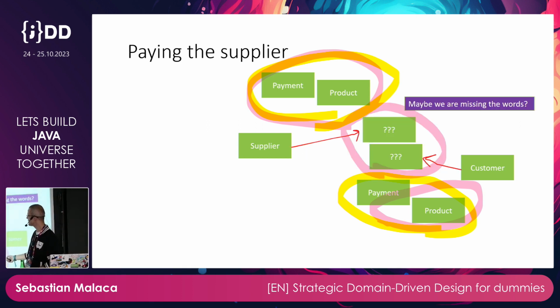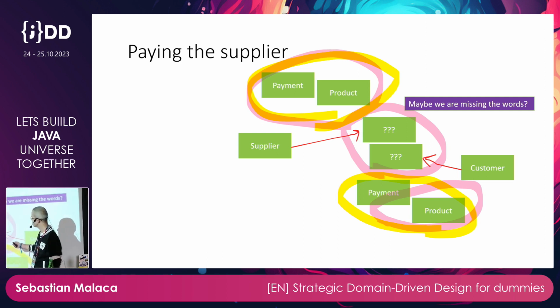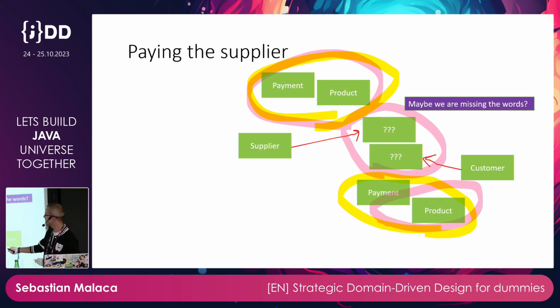So we are missing some part, because sometimes when the customer is paying us, the customer is in this role, and we are in here. And when we are paying the supplier, the supplier is in that role, and we are in the role of customer. So we are missing words that will be consistent with those two additional concepts, payment and product. So we can have receiver and payer.